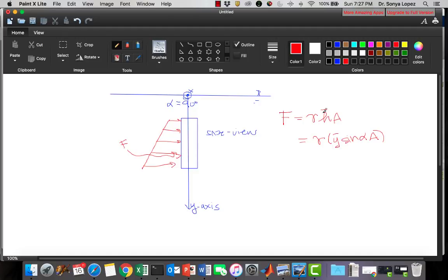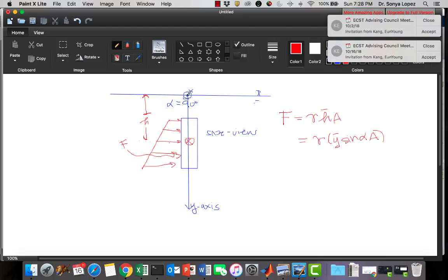My h bar is still going to be the distance from the top surface to my centroid, right? So this is my h bar. And y bar is still the distance along the y-axis from the 0, 0 plane to the centroid. So this is still true, right?